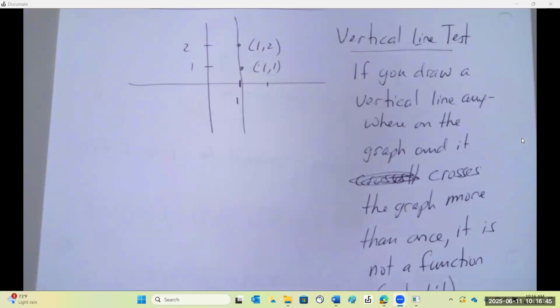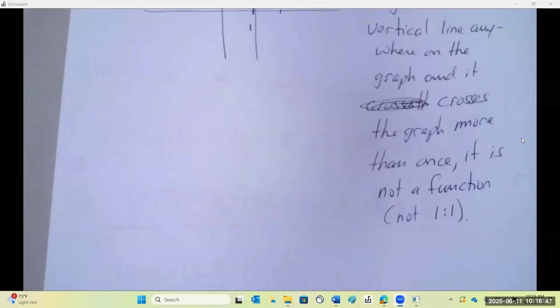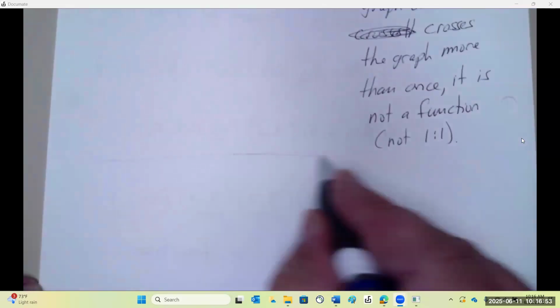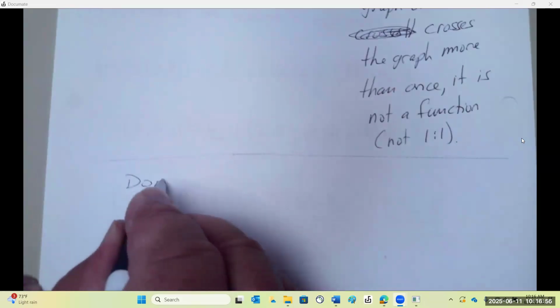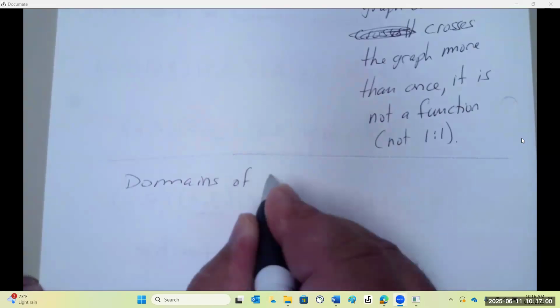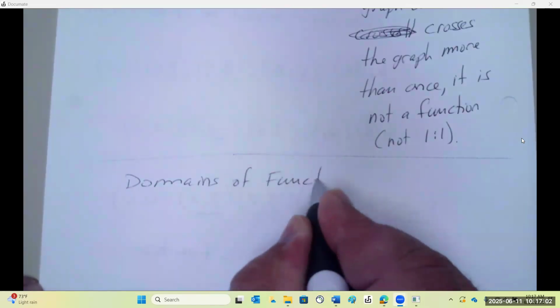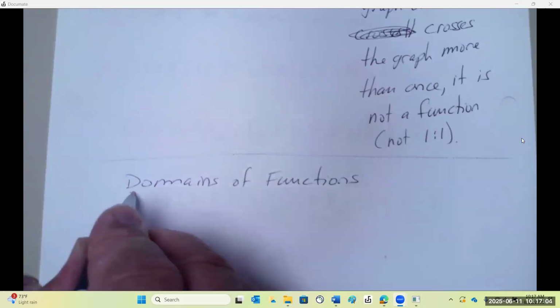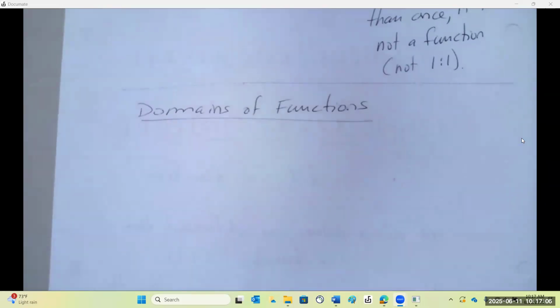Any questions about that? If you have a graph, it's much easier. If not, then we have to look at functions other ways. So let's talk about domains of functions now.